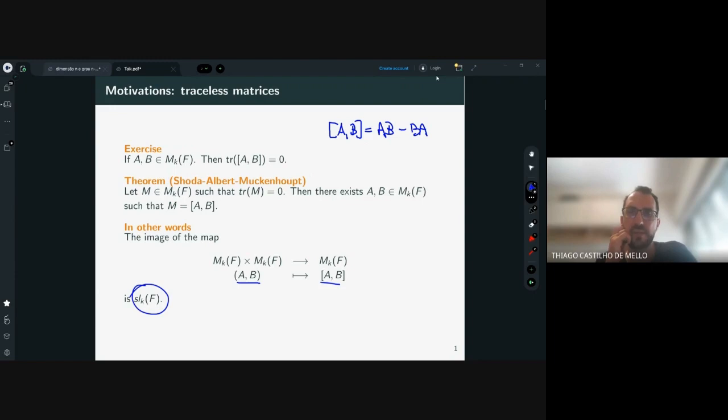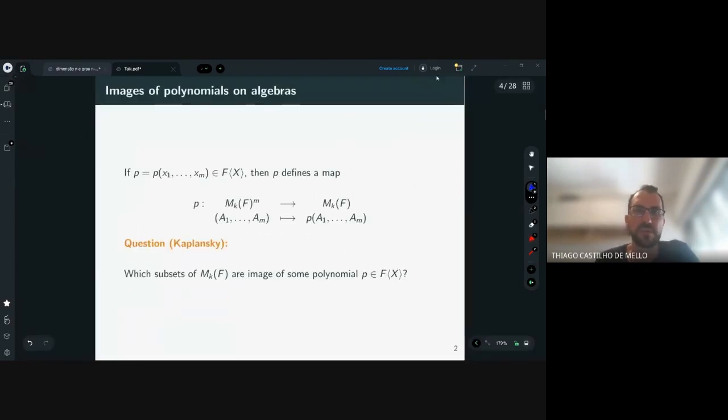But then, instead of considering this commutator, I can consider another polynomial. For instance, consider a polynomial P here in m variables. And by F⟨X⟩, I'm denoting the free associative algebra, freely generated by this set X here. So consider a polynomial in m variables.